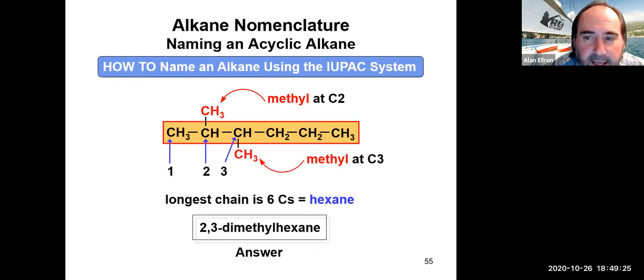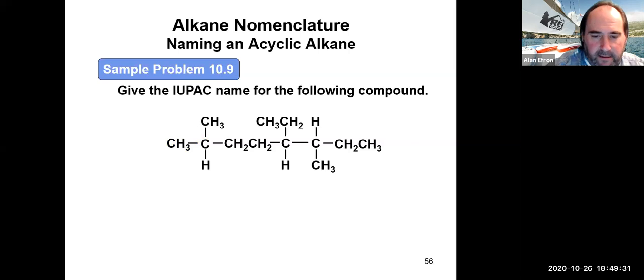So let's take a look at, let's see here. All right. So again here, if we look at this guy, we want to count up our longest continuous carbon chain. There is a lot of carbons going on here. So if we just go straight off, it's a good idea to start. 1, 2, 3, 4, 5, 6, 7, and 8 carbons.